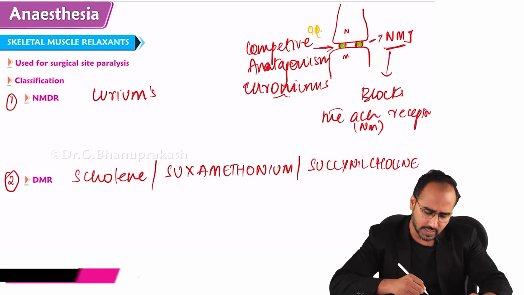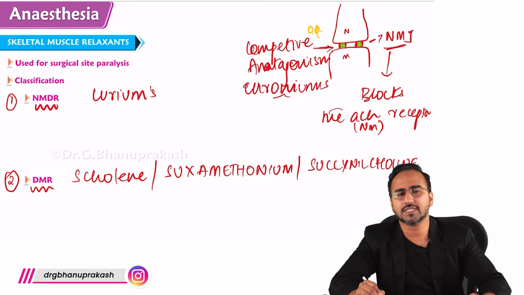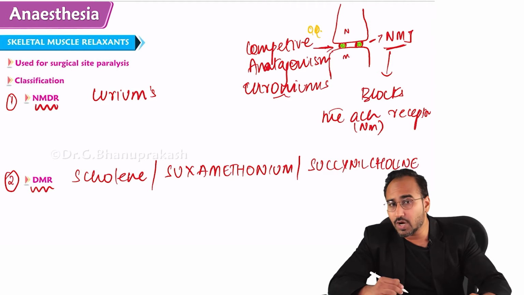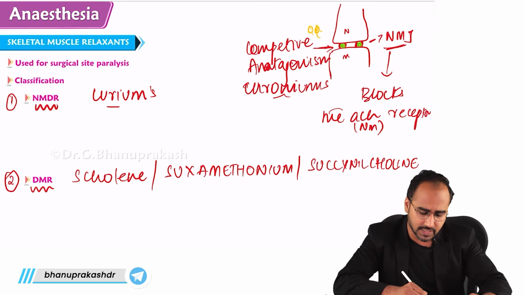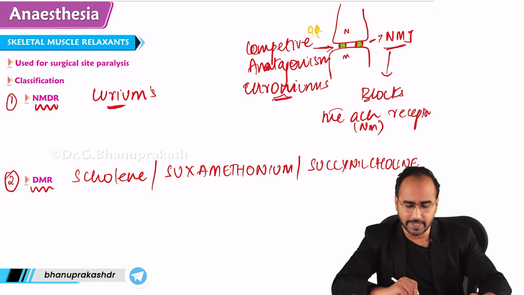One category is depolarizing, the other is non-depolarizing. In depolarizing, you have scoline or succinylcholine. Whereas in non-depolarizing, you have the drugs ending with the term curiums and the drugs ending with the term curoniums.